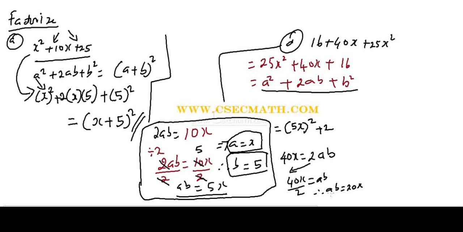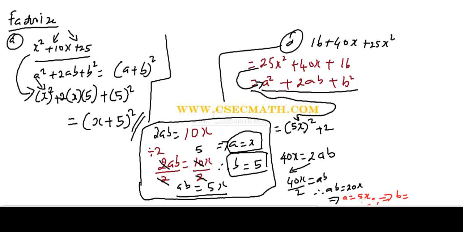Now clearly I know from this transformation that I've just demonstrated here, which has been continued over here, the value of a is 5x. Okay, so that would imply the value of b, because we need to get 20x.